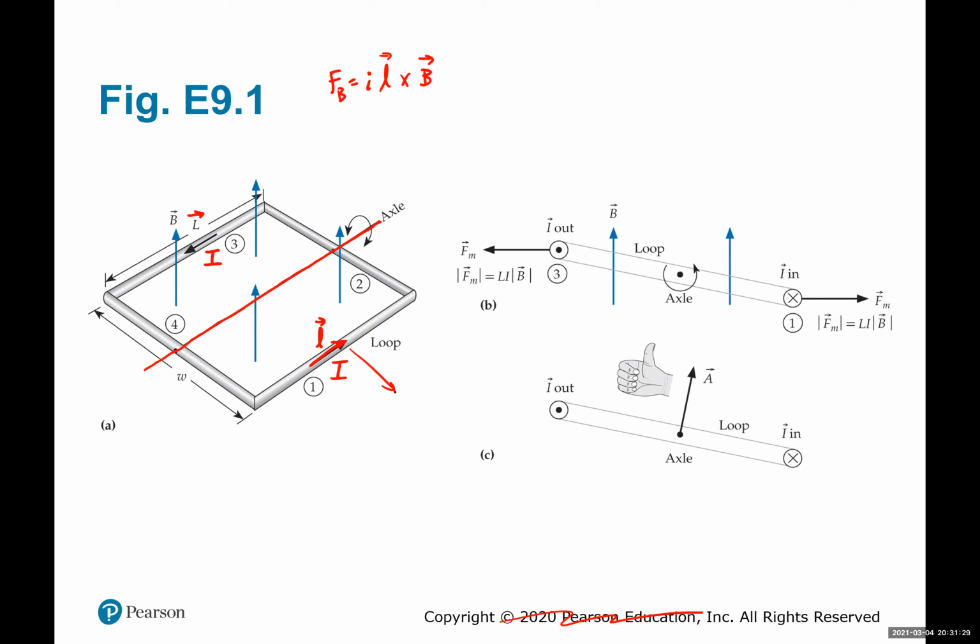If we look at path 2, we do the same thing. We've got the current flowing this way, magnitude I, length vector L goes up the page at an angle, curl the fingers so they're coming out of the page, and my thumb points that way, parallel to the axle. You might be able to see if we go path 3, path 4, that we've got a force this way and a force this way.